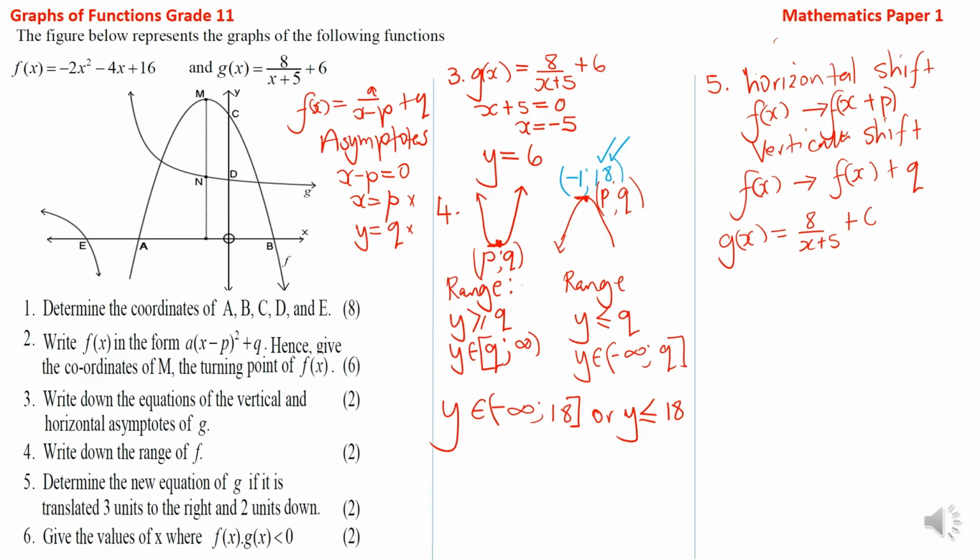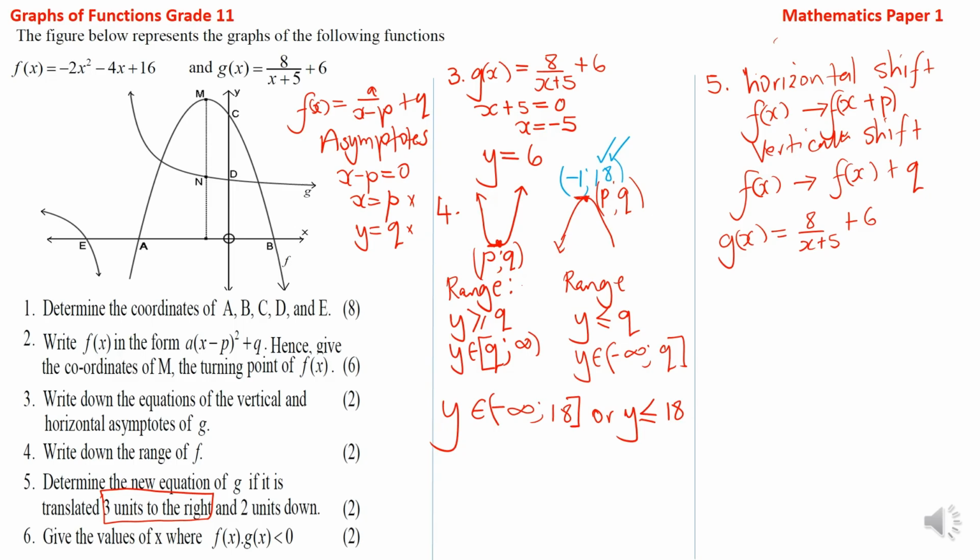This is my equation. I want to shift this function by 3 units to the right. Now, if you are going to shift it horizontally, you add or subtract the number of units to x.